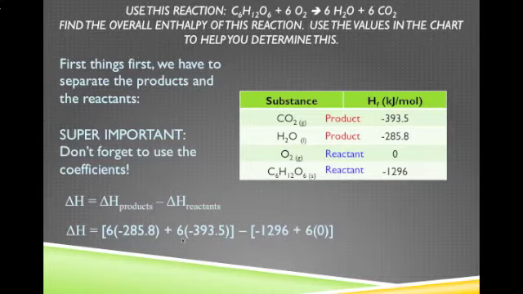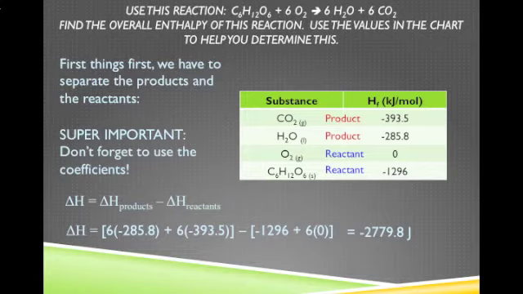We're going to type that in the calculator, and then I'm going to subtract. Well, I've got 1 C6H12O6, so right here I've got 1 of those, and I have 6 oxygens, but of course oxygen is 0, so that doesn't really affect it. And when you type this into the calculator, you get negative 2,779.8 joules.